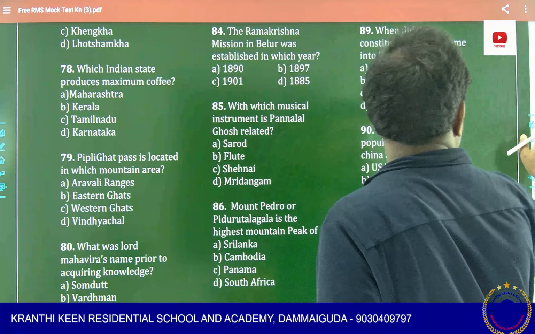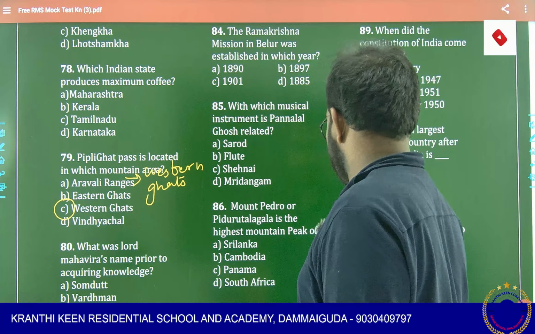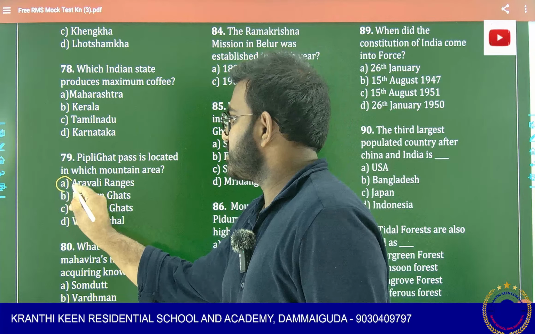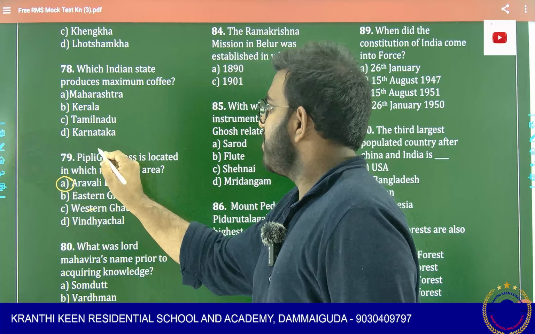Next, Pipli Ghat is located in which mountains? Aravali ranges. Pipli Ghat is one of the places located in the Aravali ranges. The Aravali ranges are the oldest mountains in India.